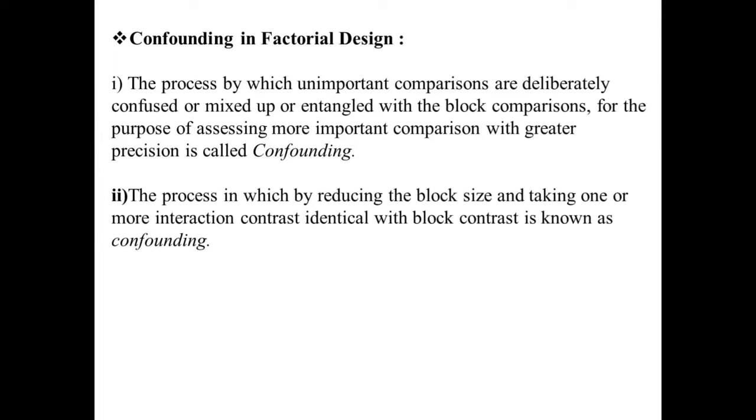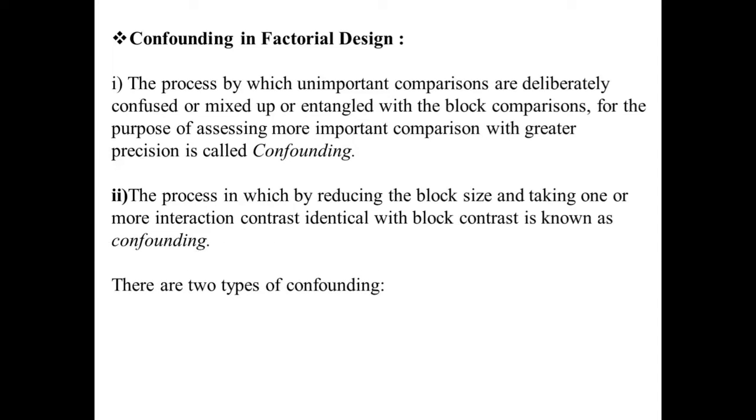There is another definition: the process in which, by reducing the block size and taking one or more interaction contrasts identical with block contrast, is known as confounding. So in confounding we try to reduce block size, and after that we assign different treatment combinations to the experimental units of that particular block. This is the concept of confounding.